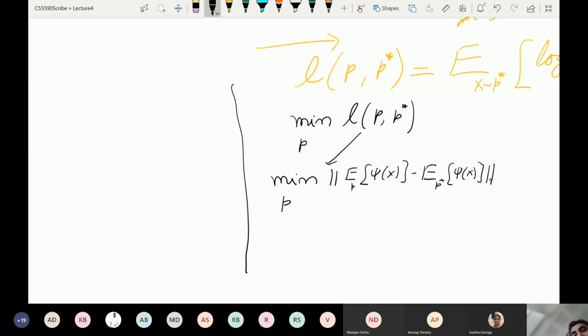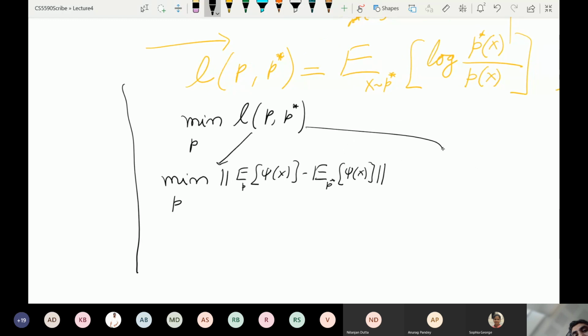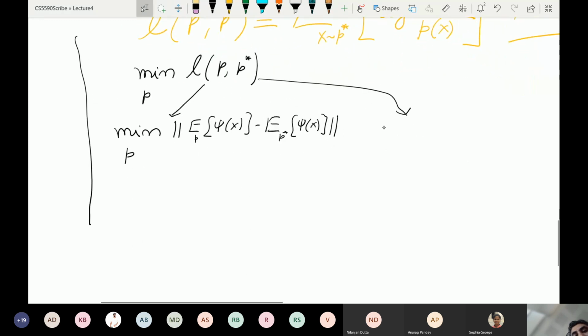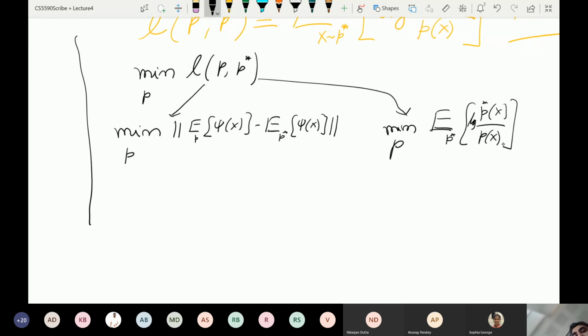This is one case. The other case also has an expectation, right? The expectation under P star of log of P star of x by P of x, right?